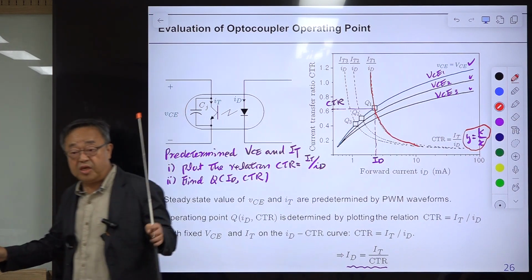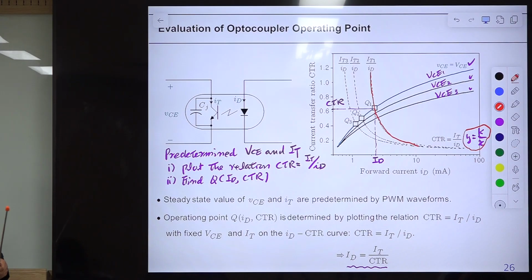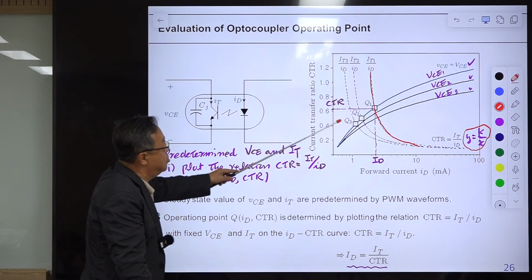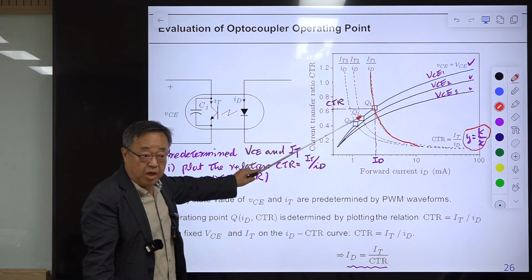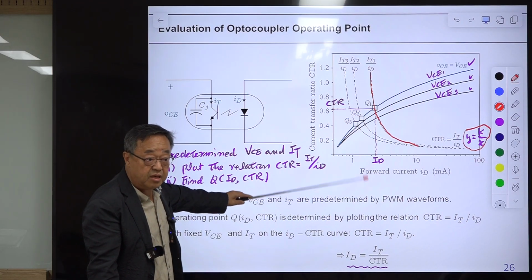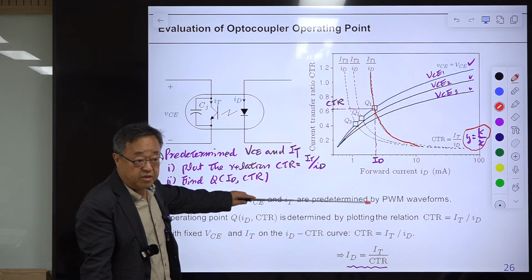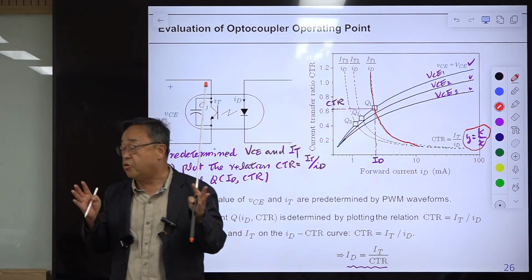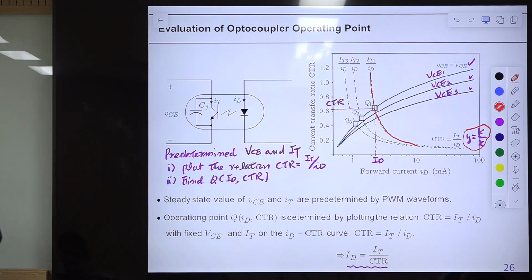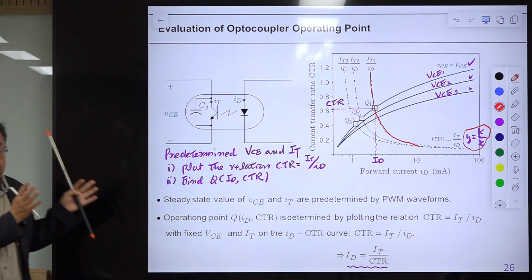Otherwise, what you are doing is just garbage in, garbage out. But the manufacturers don't have good data for this. So there is some uncertainty in the optocoupler parameter, and your design should incorporate some tolerance of this parameter.